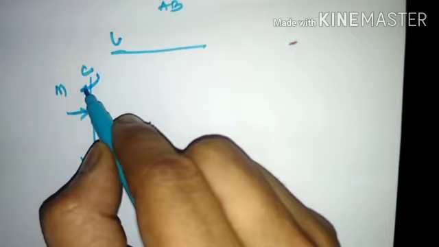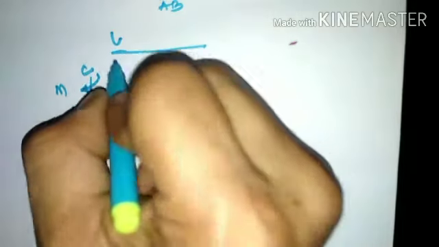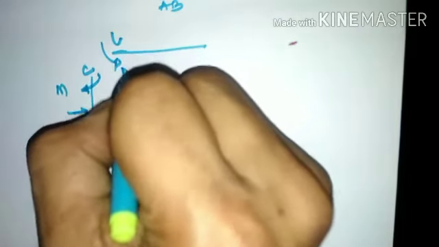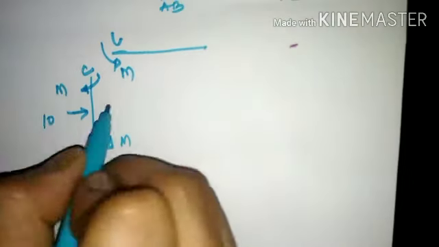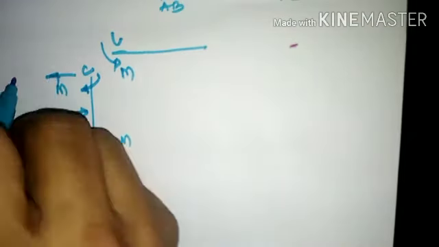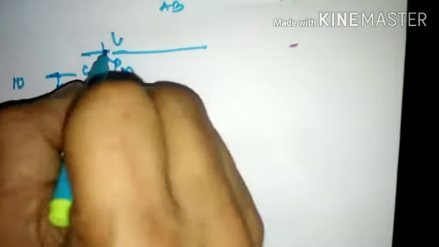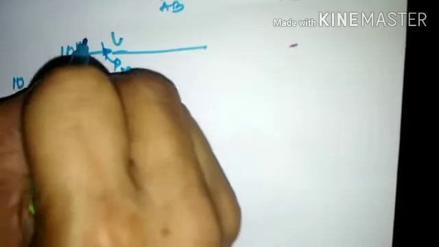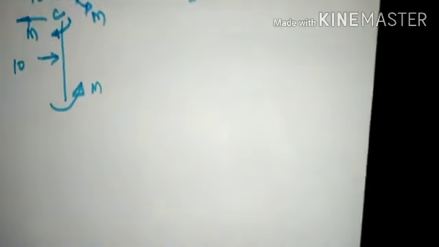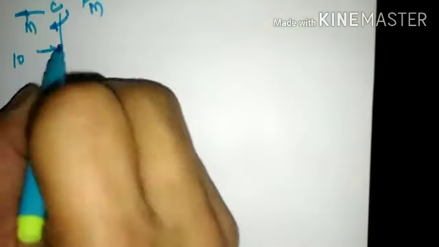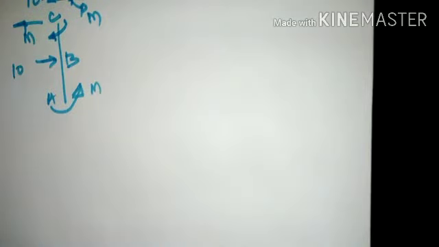This is in the clockwise direction, and here it shall be in the anti-clockwise direction, which is M. 10 kilonewton is towards right hand side. Here 10 kilonewton will be towards the left hand side. Further 10 kilonewton will be applied towards the right hand side. So these are the expressions that we are going to derive for this particular element, that is A to B, B to C.